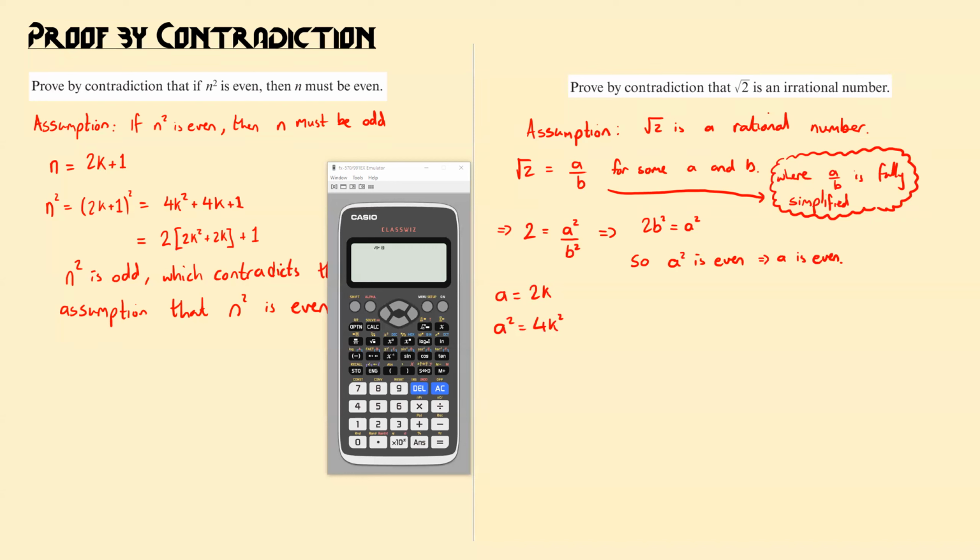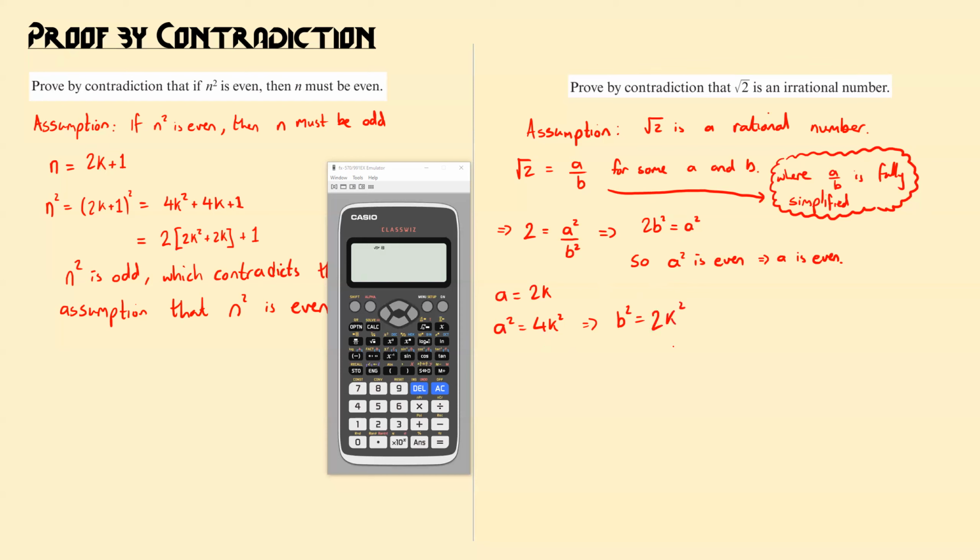Using this formula here, I'm going to put this in and just divide. So 2b squared is equal to 4k squared, so b squared is equal to 2k squared.